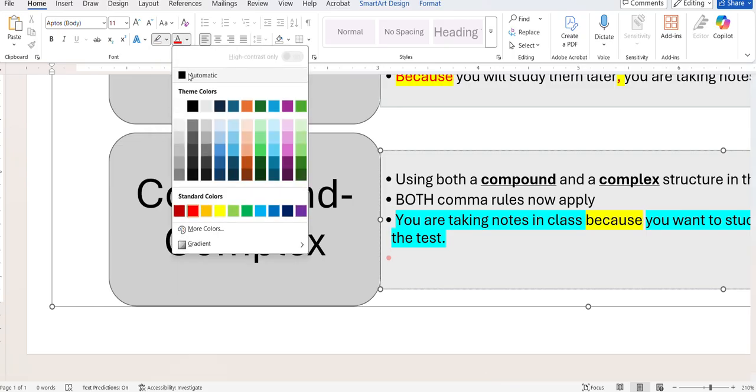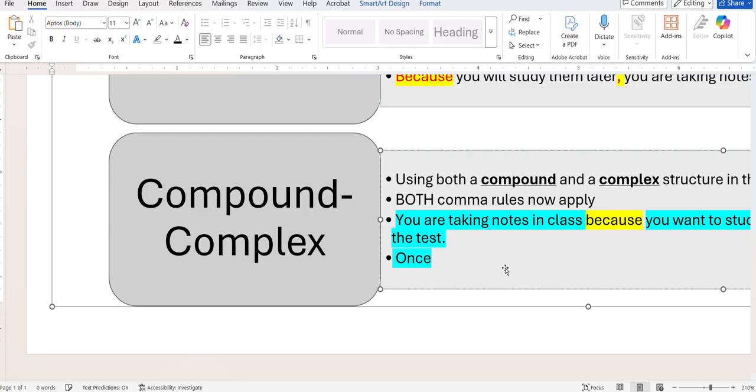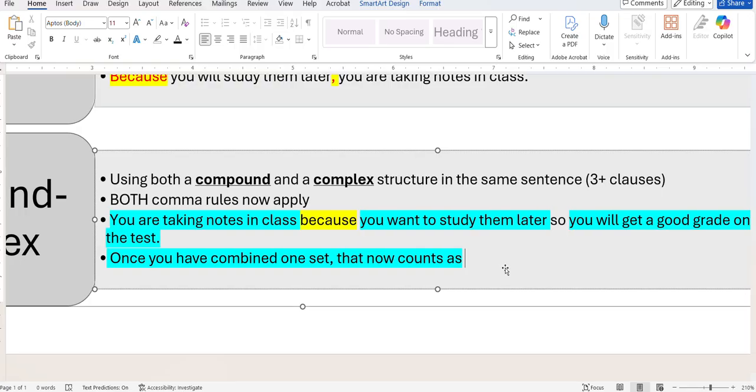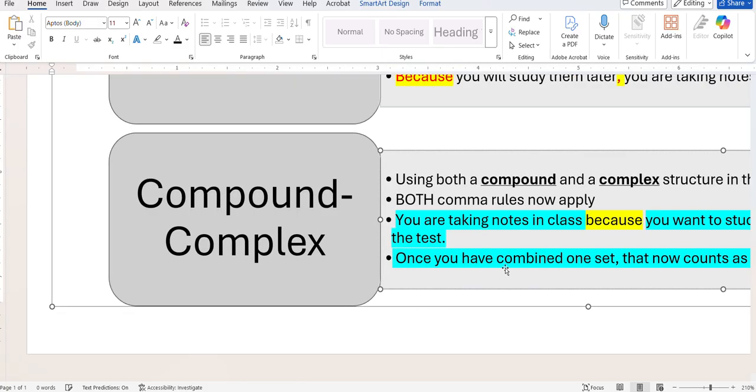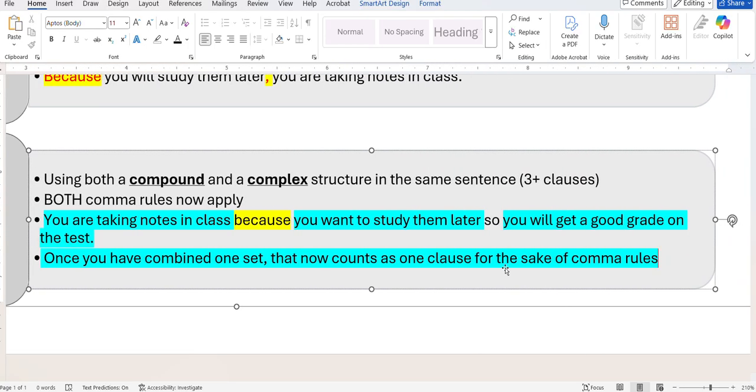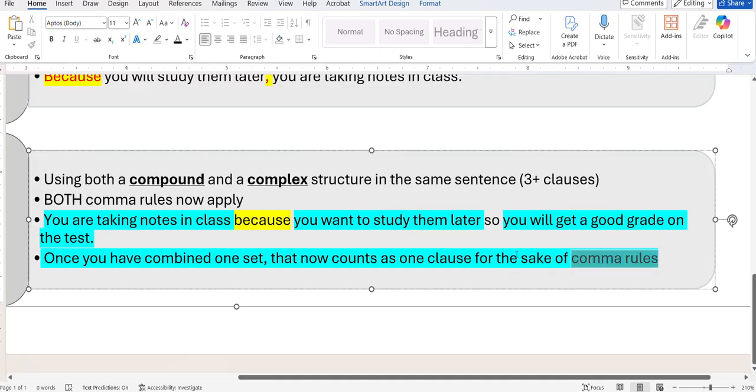Once you have combined one set, that now counts as its own clause, as its own sentence, as one clause for the sake of comma rules. I'll explain what I mean by that once I take off the highlight.